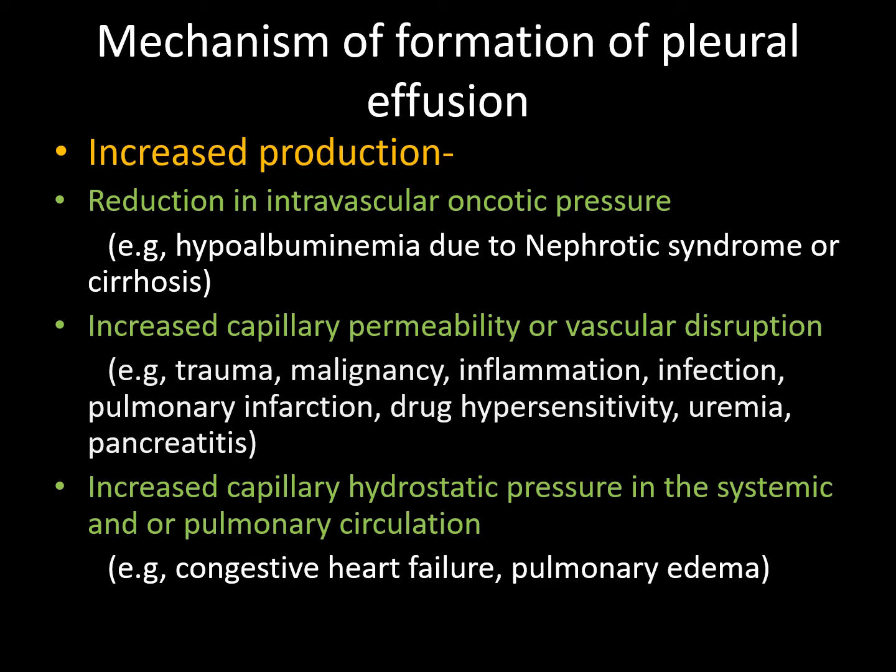Mechanisms: the mechanisms involved in the formation of pleural fluid are because of either increased production or decreased clearance. The increased production of fluid can occur because of reduction in the intravascular oncotic pressure, or increase in capillary permeability or vascular disruption, or it can also occur because of increased capillary hydrostatic pressure in the systemic or pulmonary circulation.